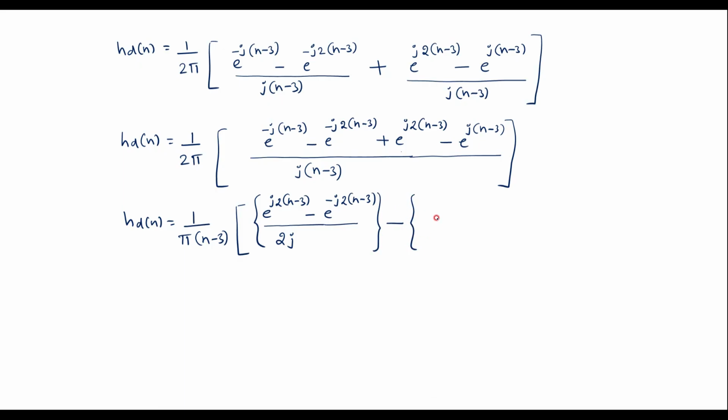In another bracket I will write the remaining terms, that is e power j of n minus 3 minus e power minus j of n minus 3, whole divided by 2j.